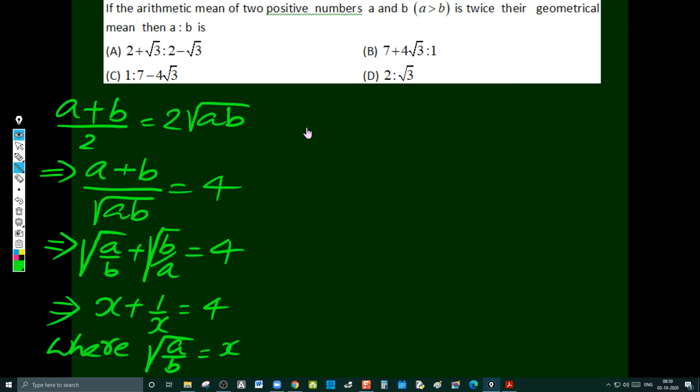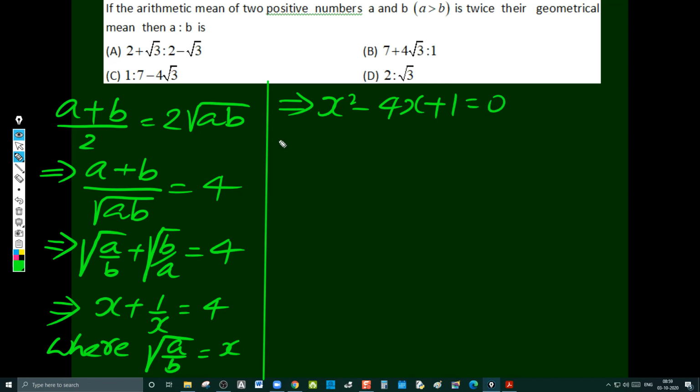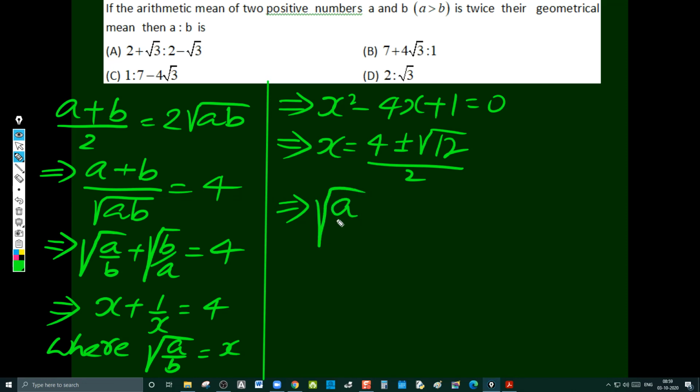Okay, now you will get it as a quadratic: x square minus 4x plus 1 is equal to 0, which implies x is equal to minus b plus or minus root over b square minus 4ac upon 2a, which gives you root a by b is 2 plus or minus root 3.